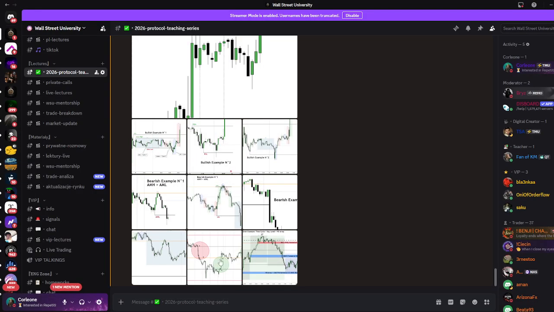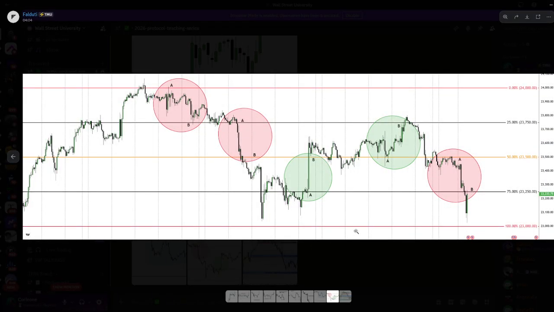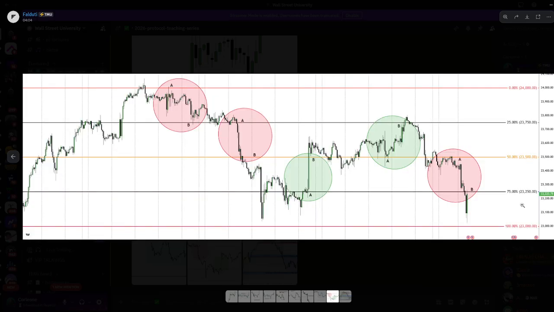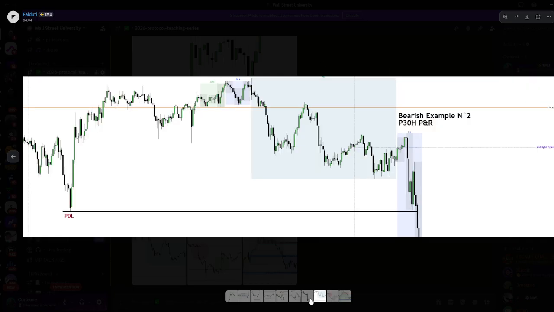Let's see if we have something interesting right now. Yeah, also we have the price cycles. As you can see, ASIA high, beautifully annotated right there, right? Yeah, perch and revert.